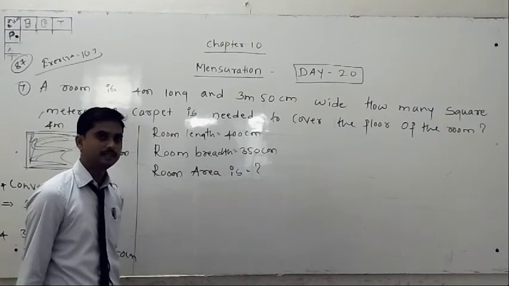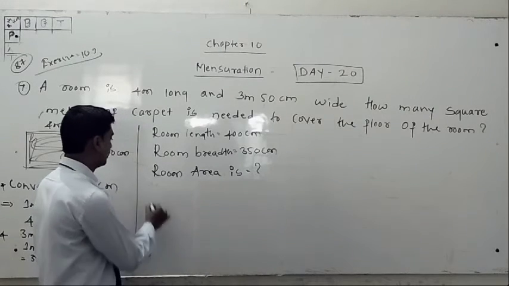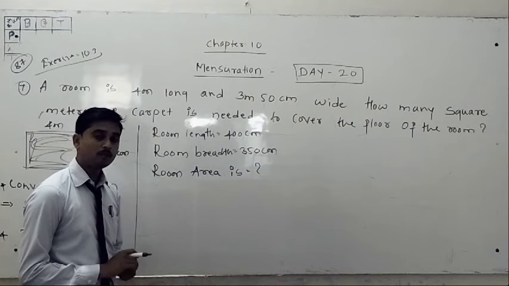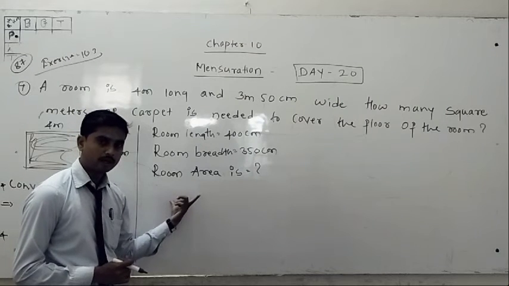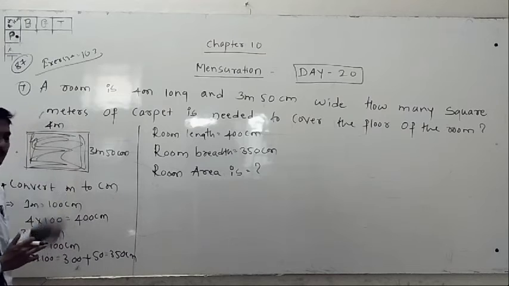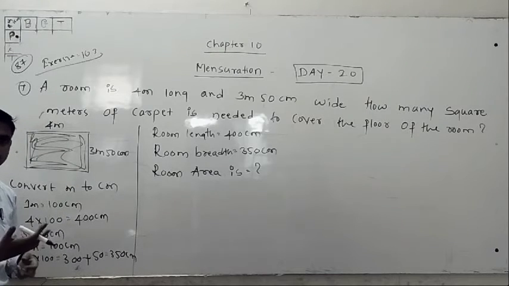Room area is question mark. Then length and breadth is given, which formula is suitable to apply? You have to think. Yes, sir, area of rectangle is given, so we want the area of rectangle formula.